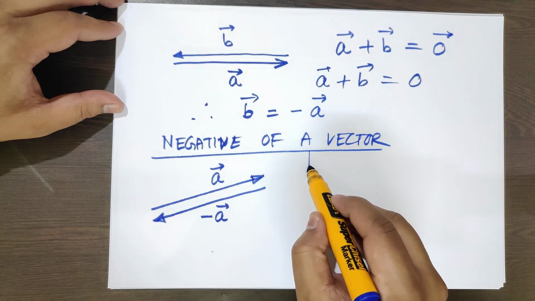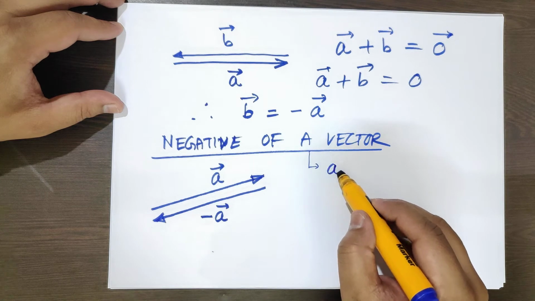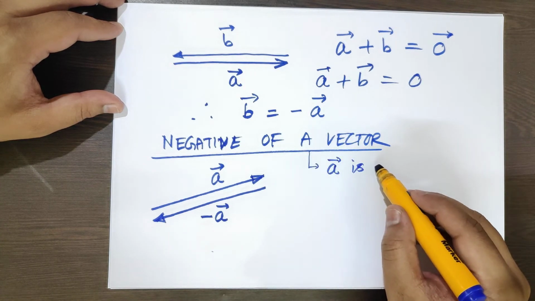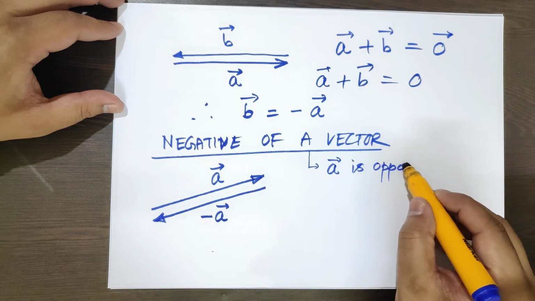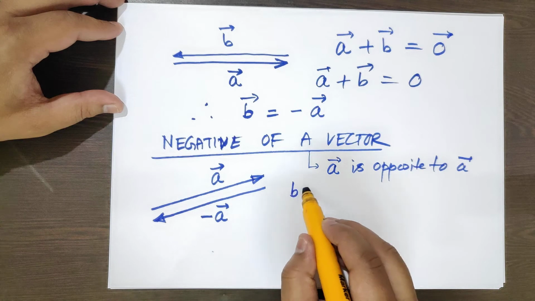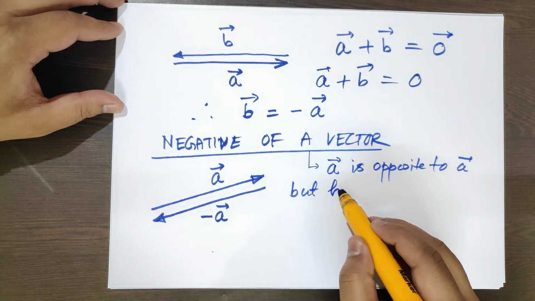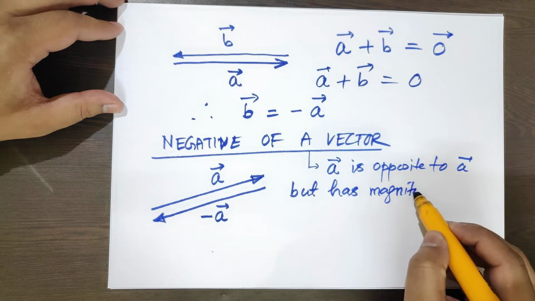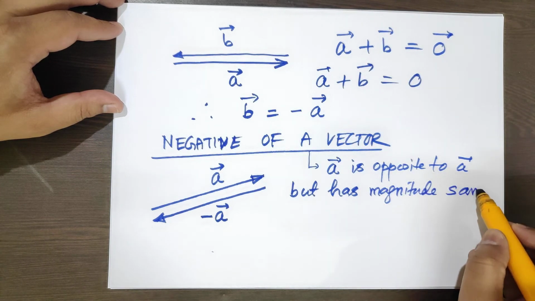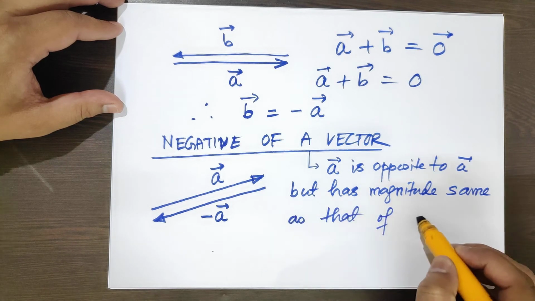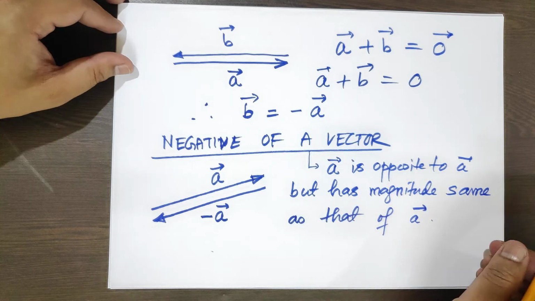The negative of vector A is opposite to A, but has magnitude same as that of A, right?